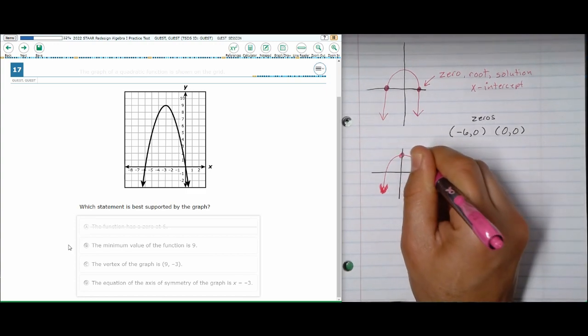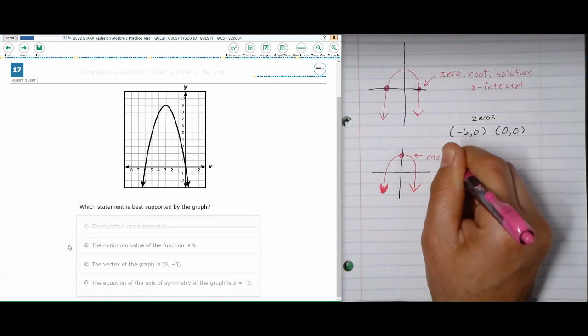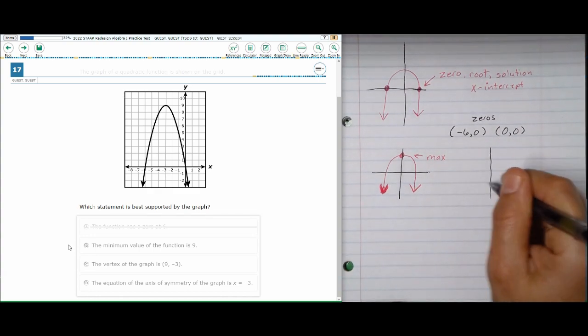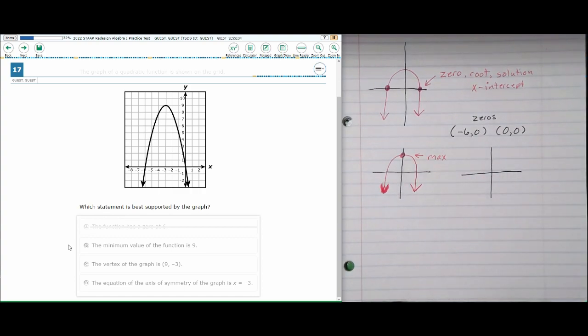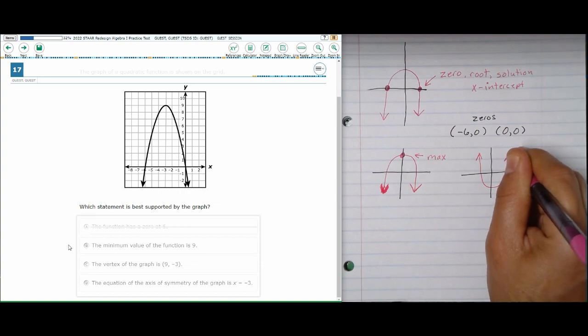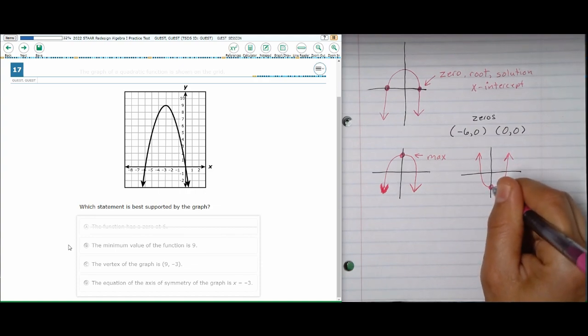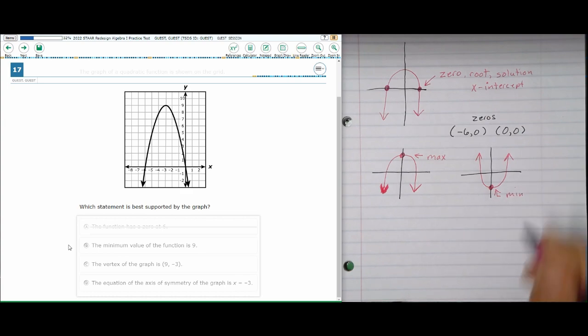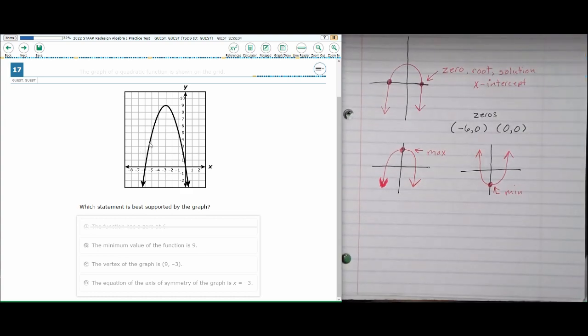This point right here, our vertex, is the maximum. In order to have a minimum, we have to have a parabola that flips upward, like this. Then the vertex would be the minimum. So this one right here doesn't have a minimum.